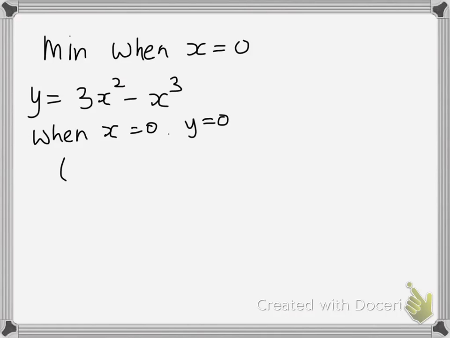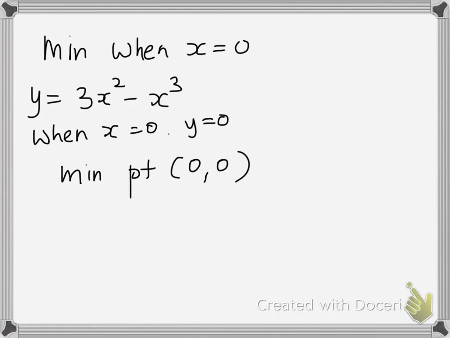So the minimum point is (0, 0). The turning point, which is a minimum, occurs at the coordinates (0, 0).